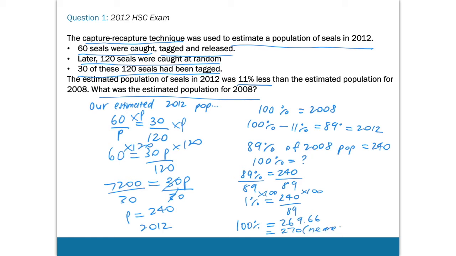Obviously, it has to be a whole number because we're dealing with seals, and we can't have 0.66 of a seal. So nearest whole number. Sorry guys, a bit squishy, but yeah, that's that one. So I'll just highlight that answer for my marker. Okay, so therefore the population for 2008 was 270, or the estimated population.